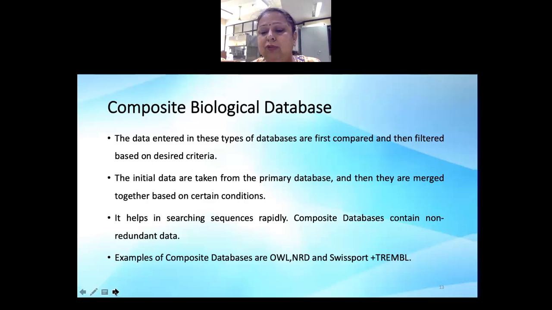So what happens is, if you have information on a certain topic in different databases, that information is taken from the primary database and then merged together based on certain conditions, means certain similarity metrics. So it helps in searching sequences rapidly. Composite databases contain non-redundant data. Examples of composite databases are OWL, NRDB, SwissProt, and TrEMBL.